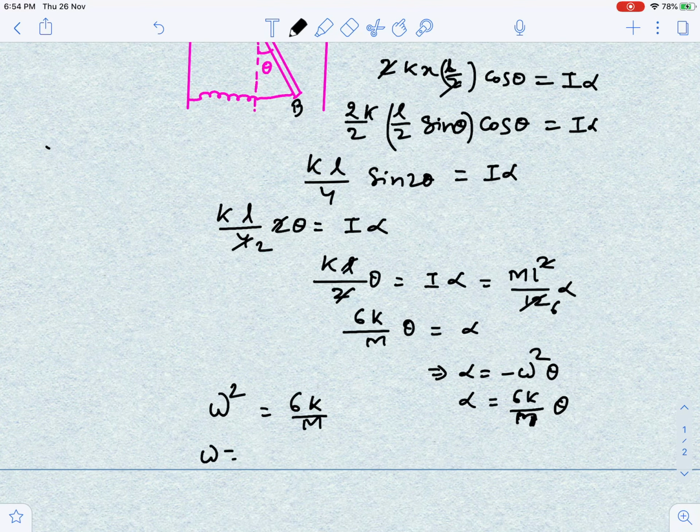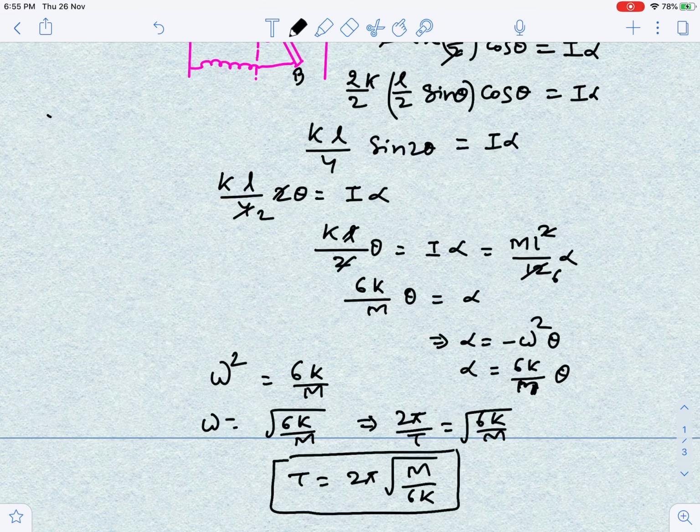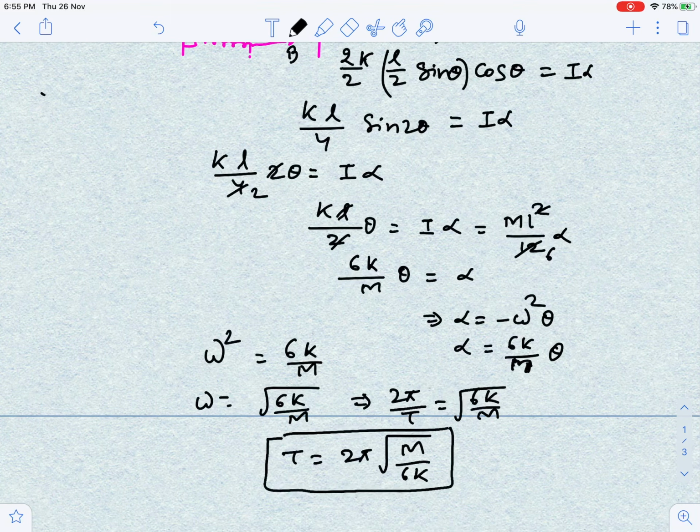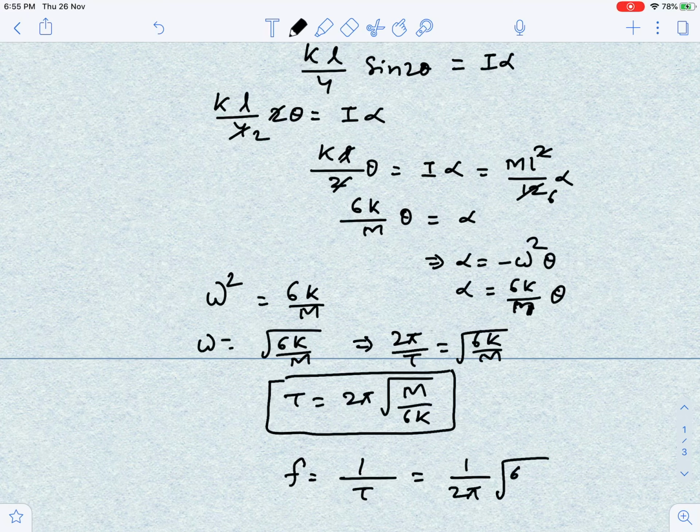So omega is under root 6k by m, and omega can be written as 2 pi by T, equal to under root 6k by m. So T is equal to 2 pi under root m by 6k. This is the time period we have calculated, but I have to calculate the frequency. Frequency is equal to 1 by T, so I can write 1 by 2 pi under root 6k by m.